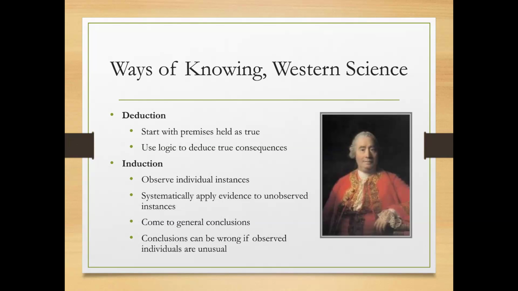Now, this natural philosopher, David Hume, pointed out this problem that our conclusions can be wrong. All right. So induction is not like deduction, where we always get to the truth. All right. So with induction, typically when we use that process, we're going to keep testing, we're going to keep working on the same problem.